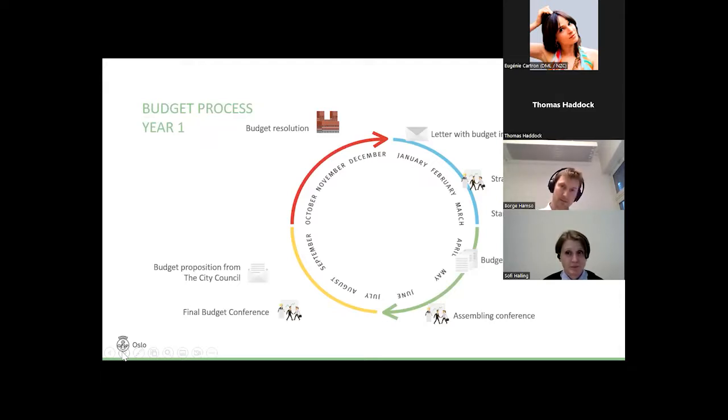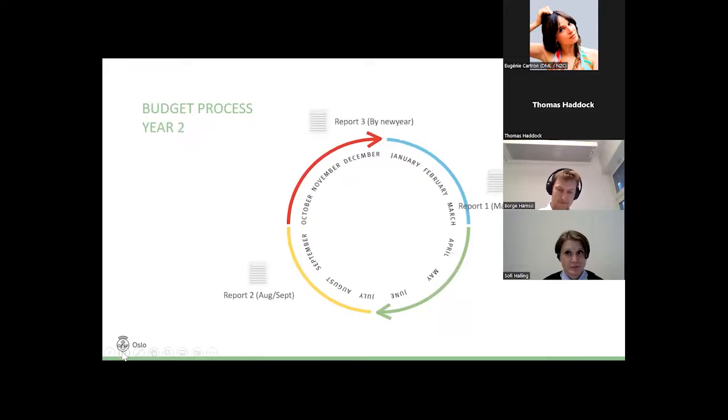Next slide. And after the climate budget is decided and appears in the regular budget, and the council has accepted it, then we start the next year. So in 2023, when this budget has been accepted, we start the reporting cycle.